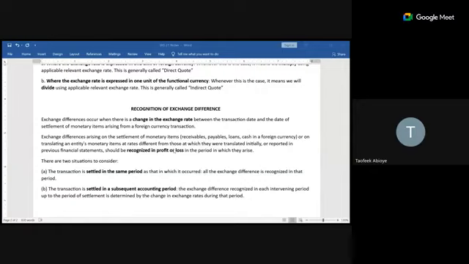We need to consider two situations. Number one, when settlement is in the same period as when it occurred, all exchange difference will be recognized in that period. But if the settlement is in a subsequent accounting period, then the exchange difference will be recognized in the period of settlement.